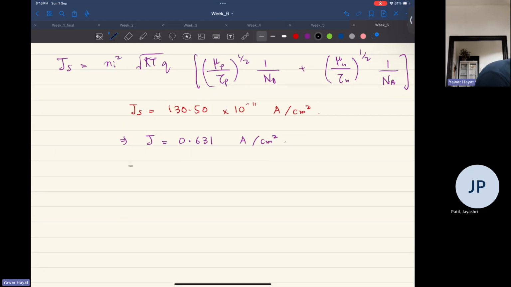Your I is J times A, right? So therefore, your I would be equal to 0.631 into 10 raised power minus 6 amperes.